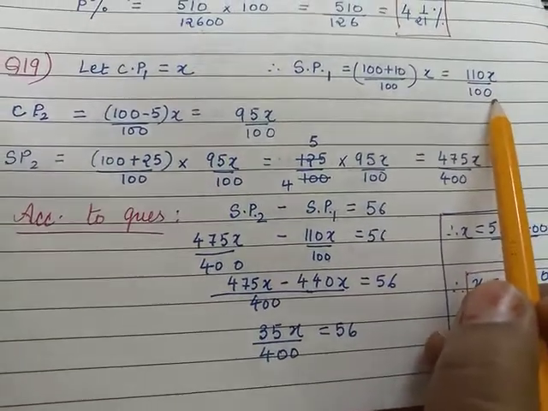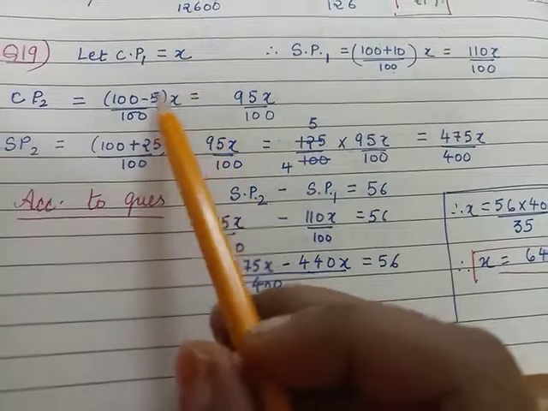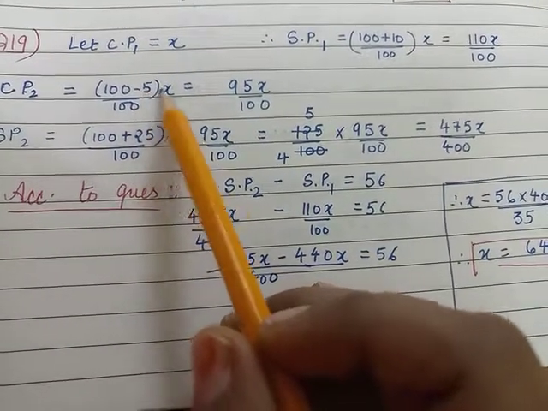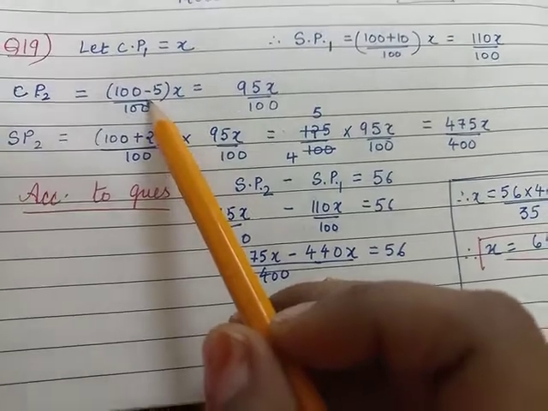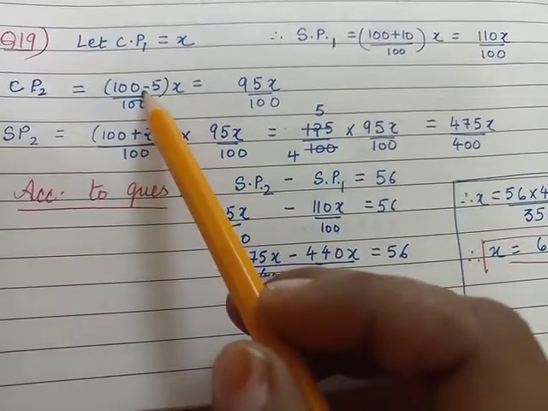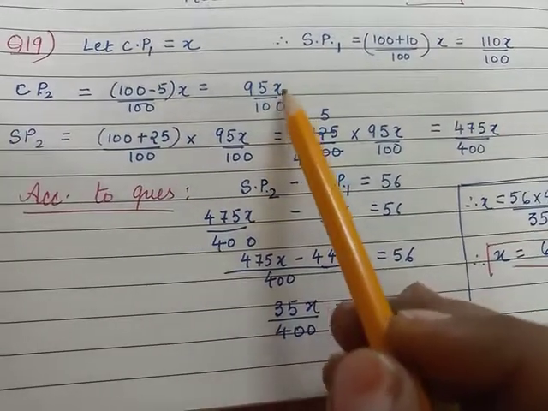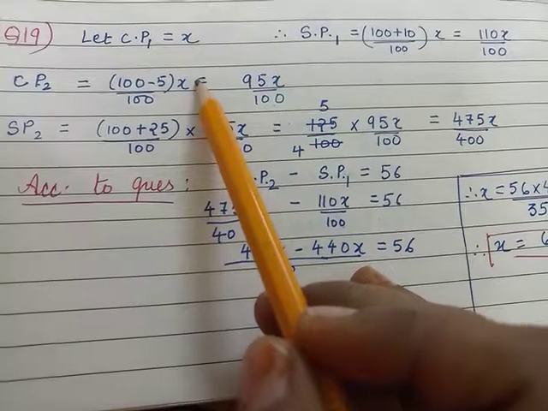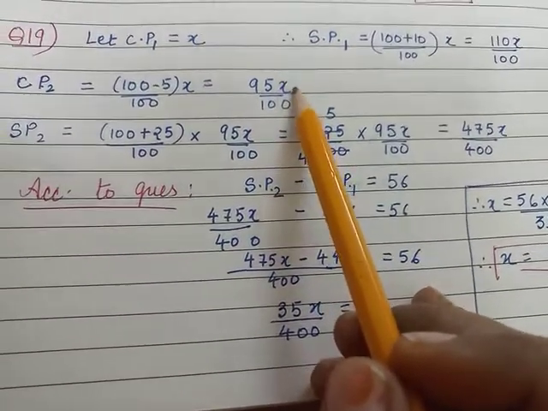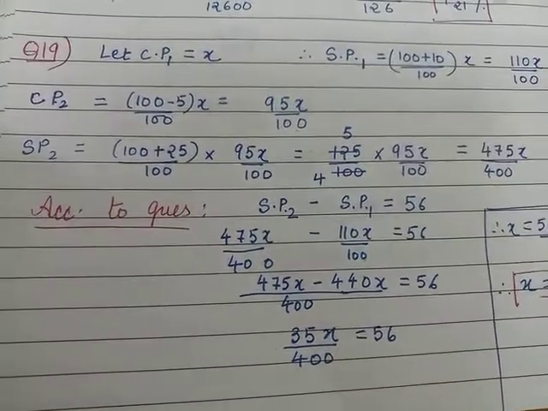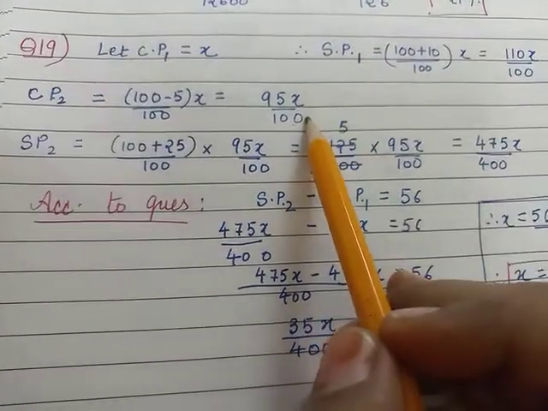110x upon 100. Now they are saying if he would have purchased 5% less. So the new cost price, that is 5% less, becomes 100 minus 5 upon 100 into x, that becomes 95x upon 100 because he is purchasing it 5% less.